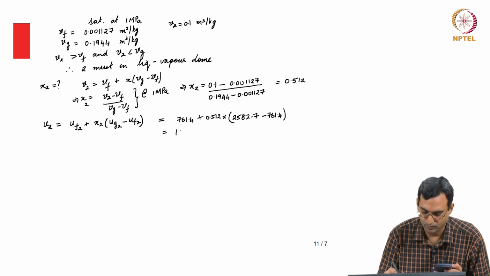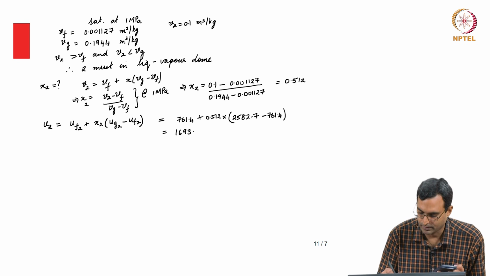So, it gives us a value of 1693.9 kilojoule per kg.